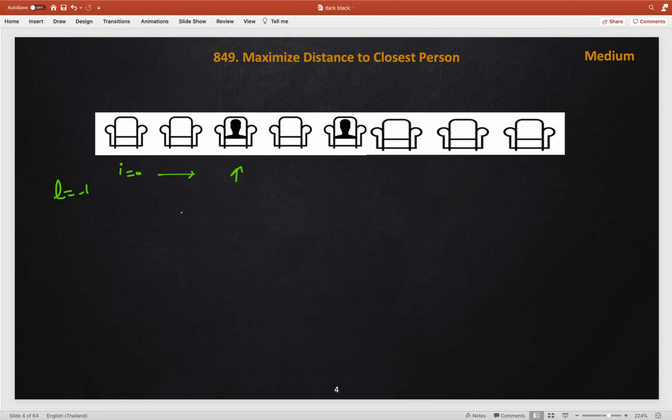If it is the starting case where L is -1, in that case the distance will be i itself. I over here is 2, so this will be 2. Next we will update L to this place, because now the closest sitting person to the left of the next empty seat will be at this place, so L becomes i, which is 2.